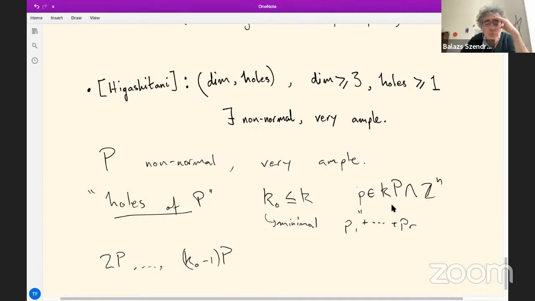So you did say that Okada was thinking of this in some kind of different language. But he didn't have holes, right? That wasn't the result, or it was the opposite. It was the non-existence of holes. So it was when very ample implies normality. And that was really only a way to projective spaces. So there is some kind of numerical condition where you can be sure that if you have a very ample bundle, then the embedding is normal essentially.